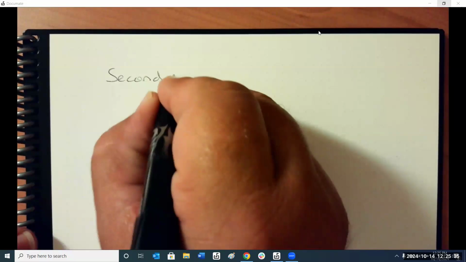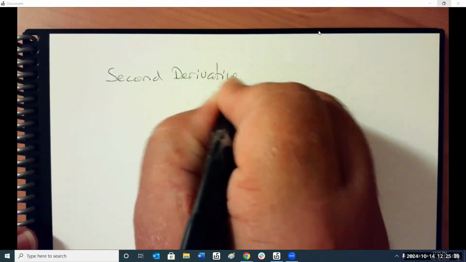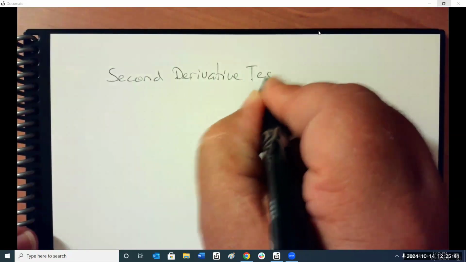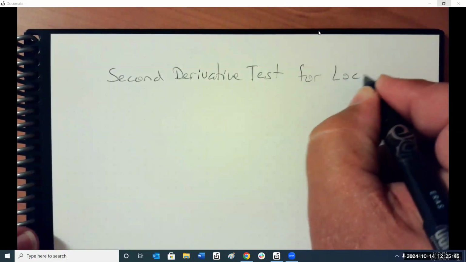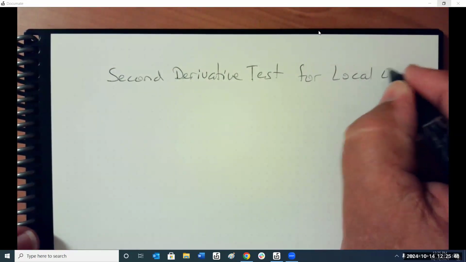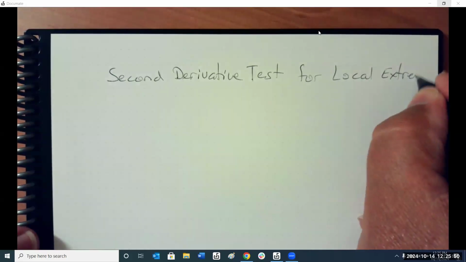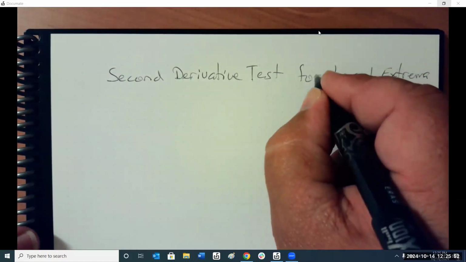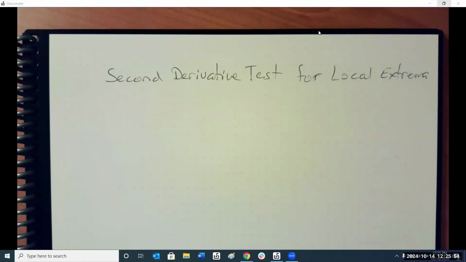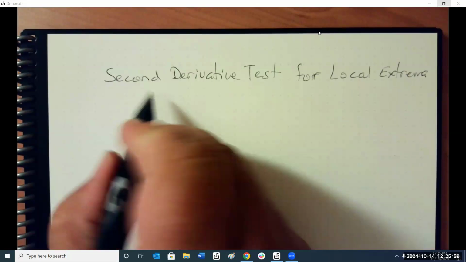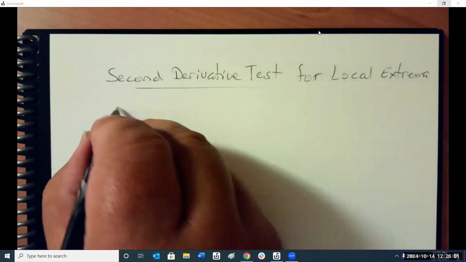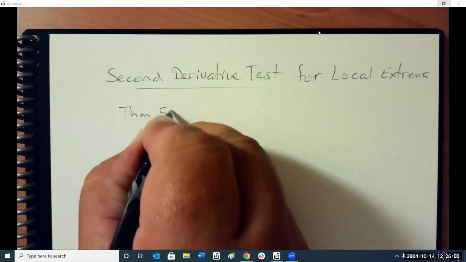Now the second derivative test for local extrema. It says this under theorem 5.